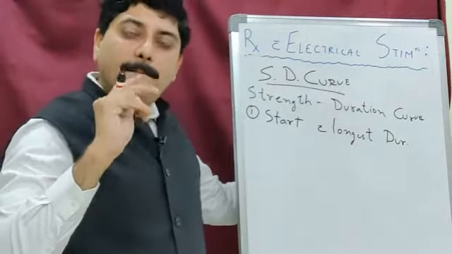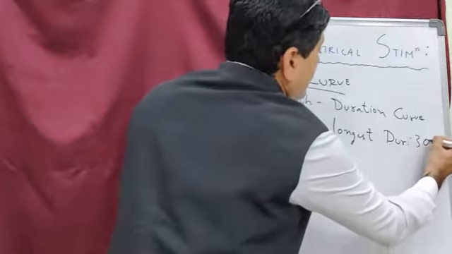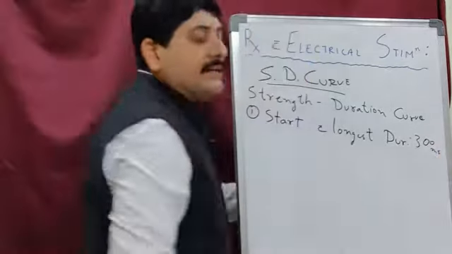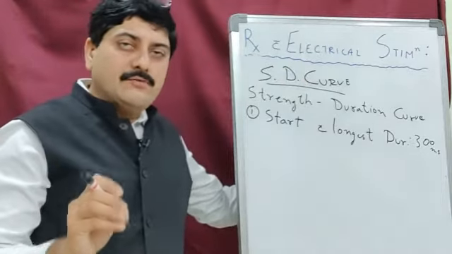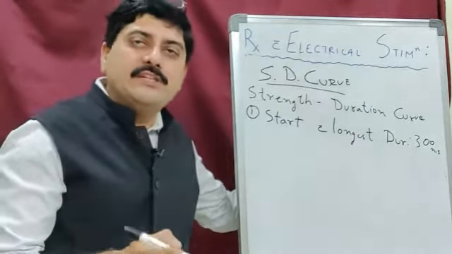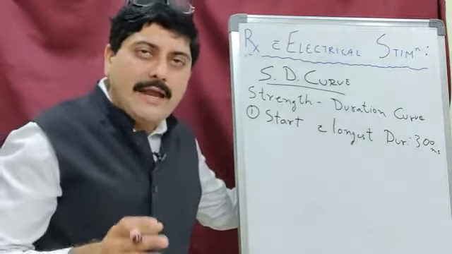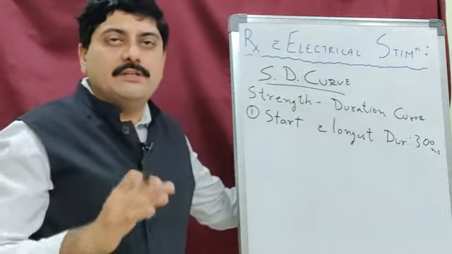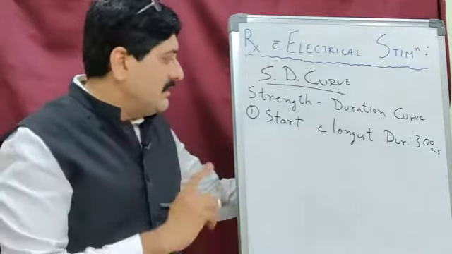Start with the longest duration, that is 300 millisecond, that is available on the stimulator, so that the current is comfortable and the intensities used are low. This helps the patient to get accustomed with the electrical stimulation and the type of current that is given to the patient. So first thing is start with the longest duration.